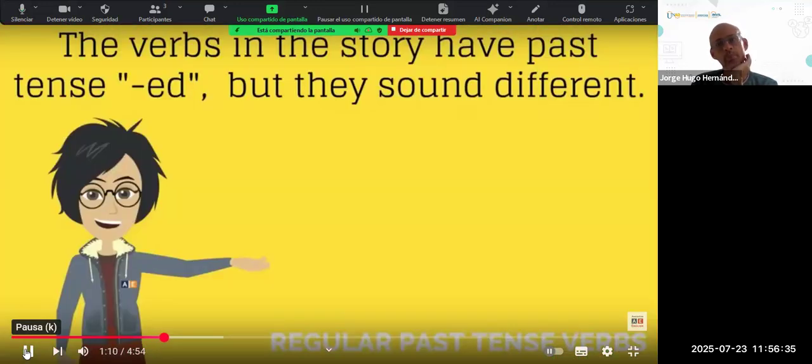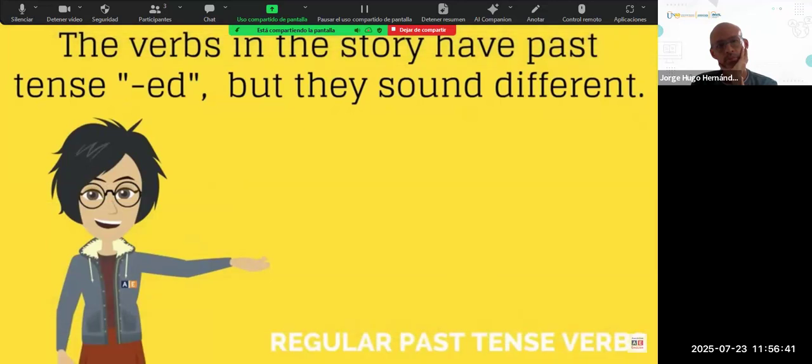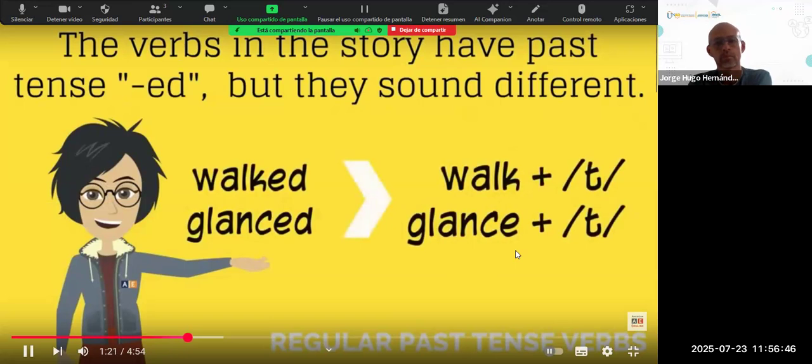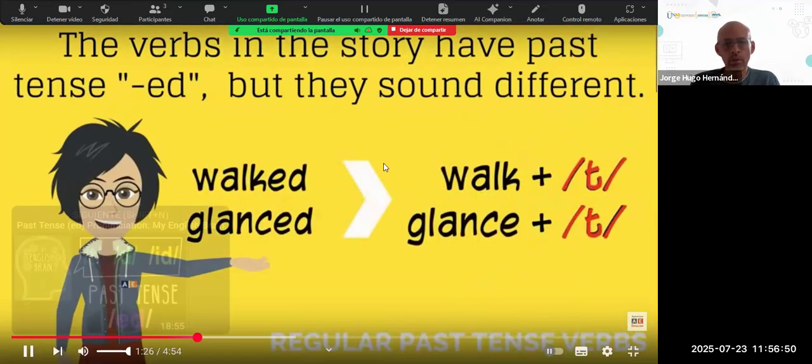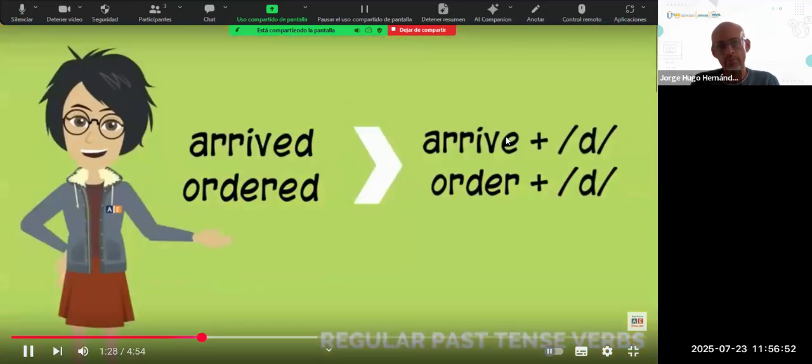These verbs all have the past tense ed, but they are pronounced in 3 different ways. In walked and glanced, the ed makes a t sound. Walked, glanced. The ed in arrived and ordered ended with a d sound. Arrived, ordered.